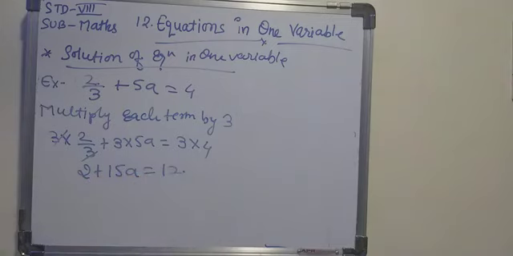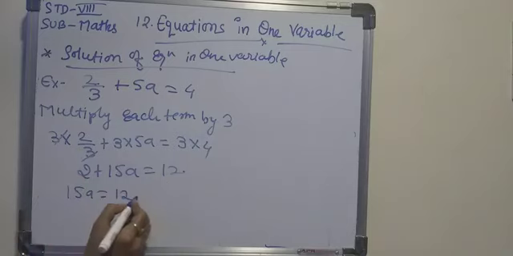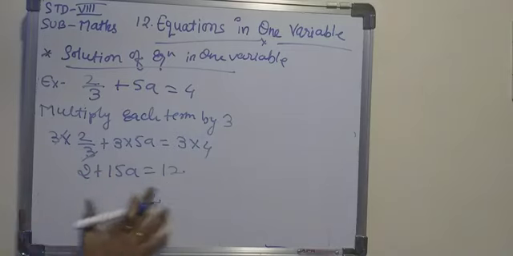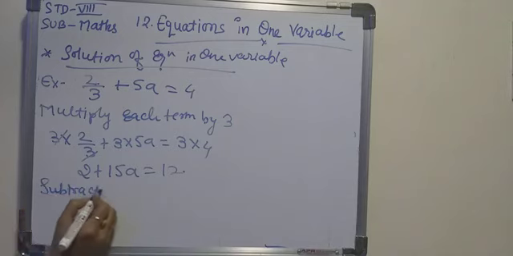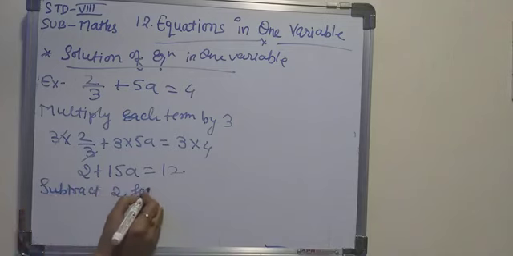Now what you have to do? You have to do the subtraction. You can directly shift this number over here like this: 15a is equal to 12. This is plus, it will change its sign, so you get minus 2. Or you can just apply the operation: subtract 2 from both sides.